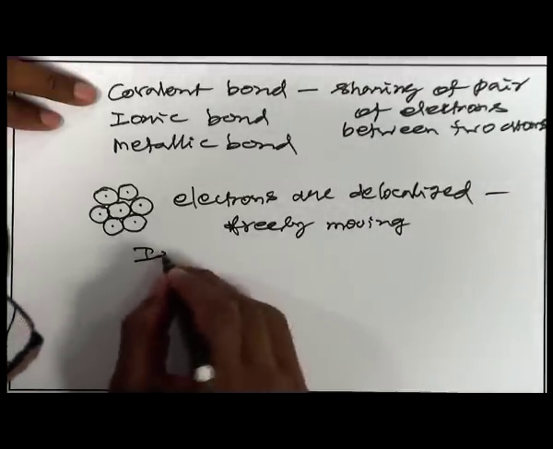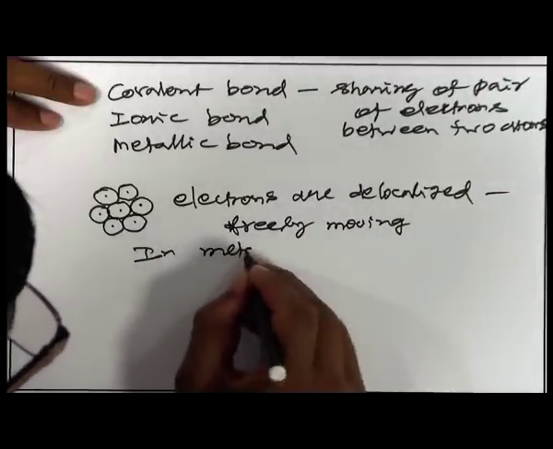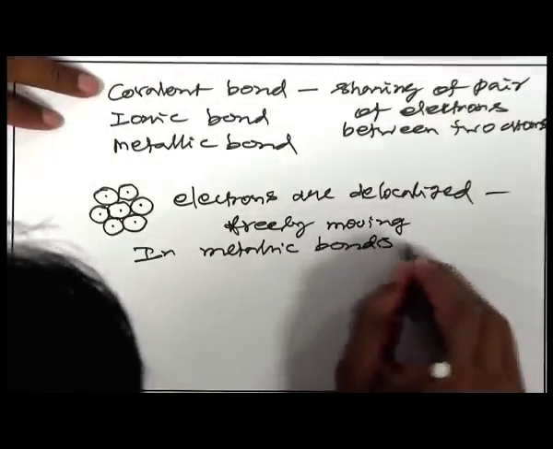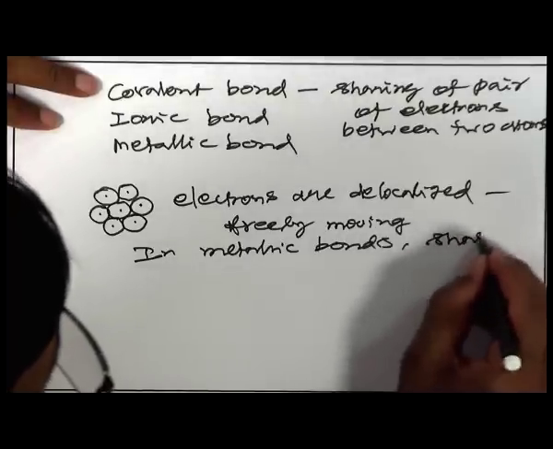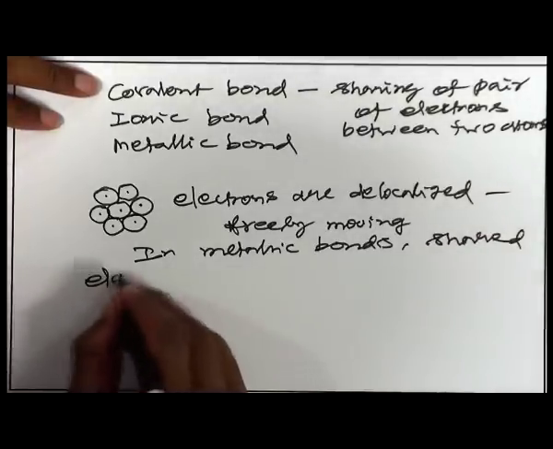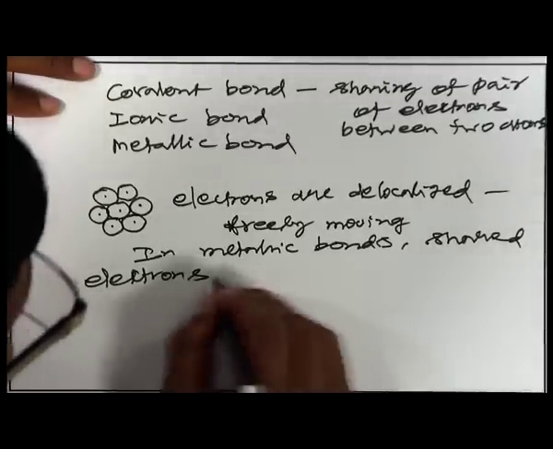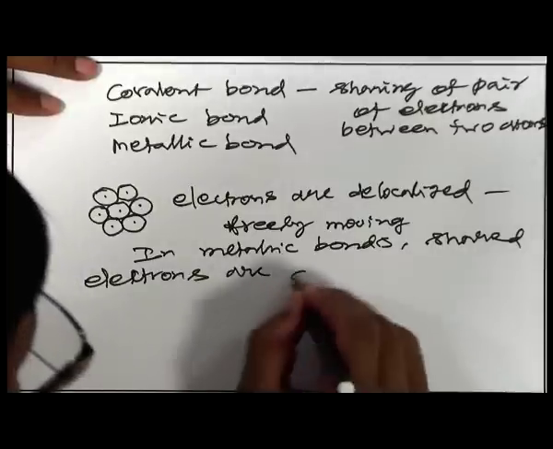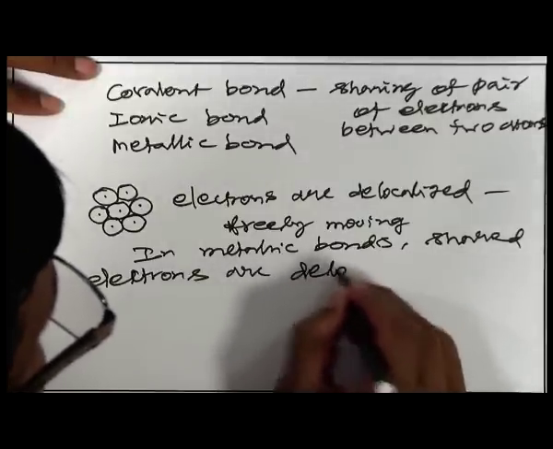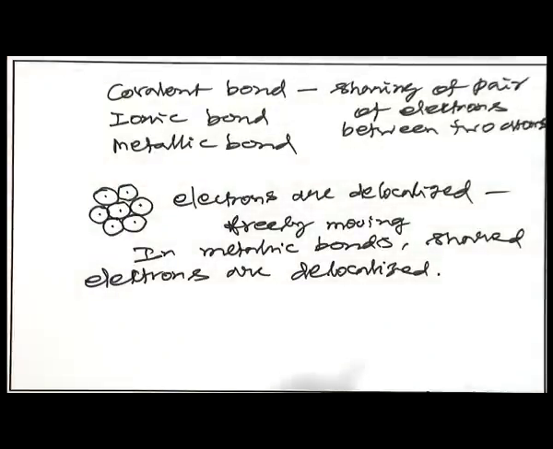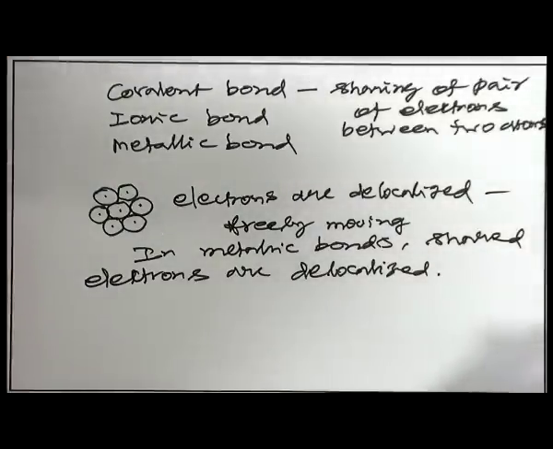In metallic bonds, shared electrons are delocalized. So, that is the reason they are very good conductors of heat and electricity.